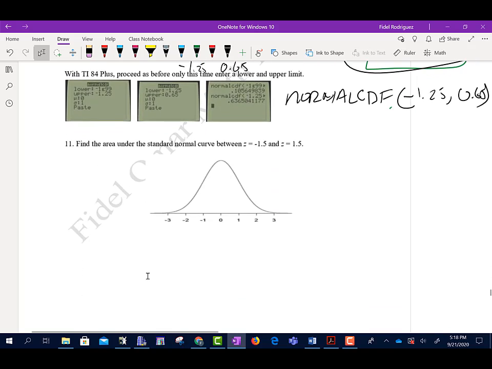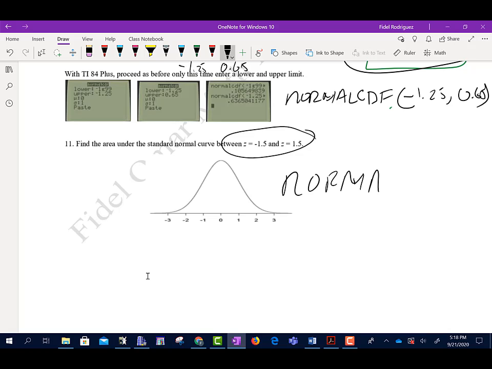All right, so guys, I'm going to do the same thing here for this one. I'm just going to use my calculator on this one, but I already showed you all how to do it. Normal CDF, negative 1.5, comma 1.5.